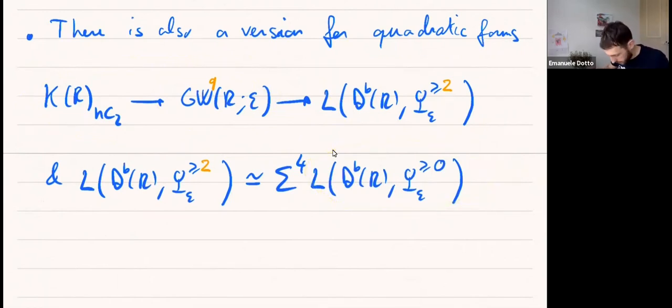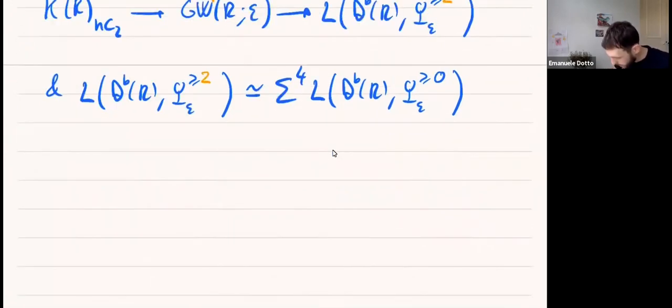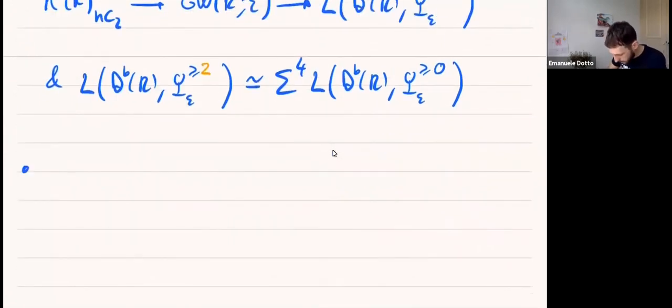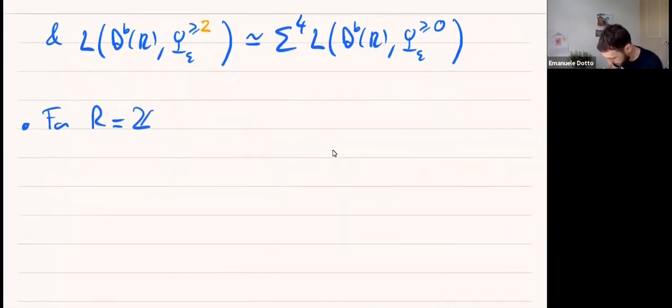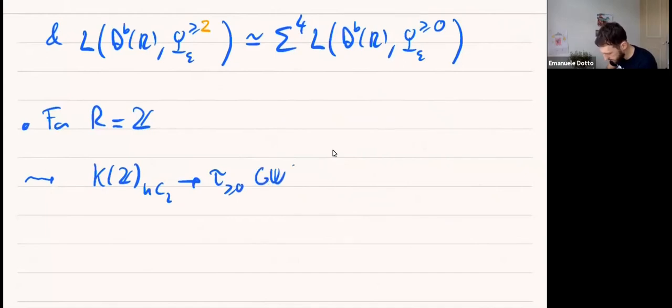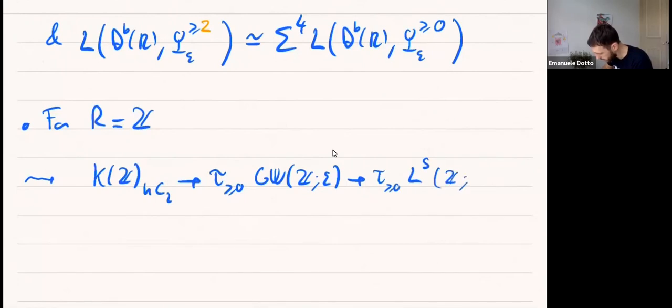And finally, let me say something about calculations. As I mentioned before, for the ring of integers, you get a fiber sequence that looks like this, at least in non-negative degrees, of the usual symmetric theory, because you have global dimension 1.